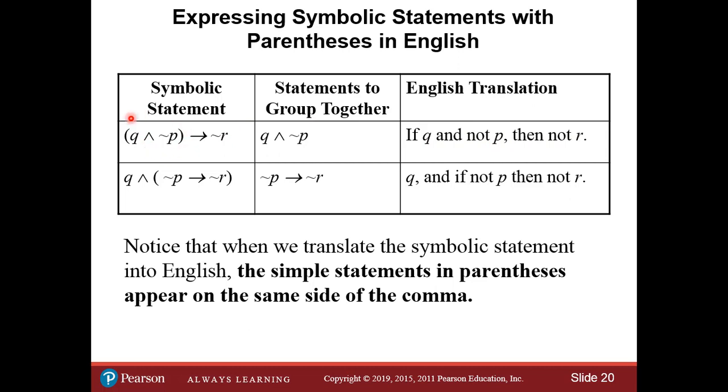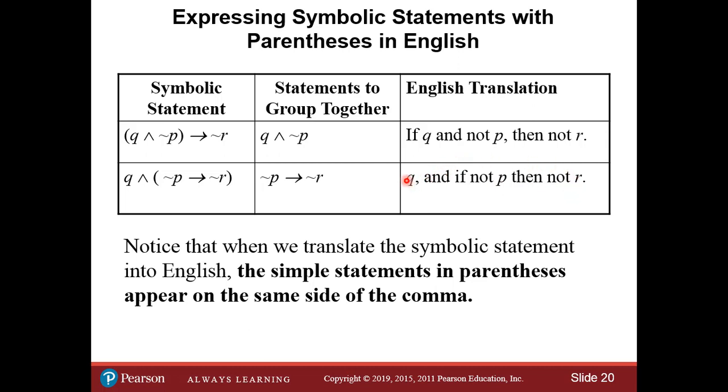So if this is true, then this whole thing implies not R. So if Q and not P, then not R. See the comma? Okay. Now, look at here. These are grouped together. Now, where does the comma go? Right there. Q, and if not P, then not R. Okay.